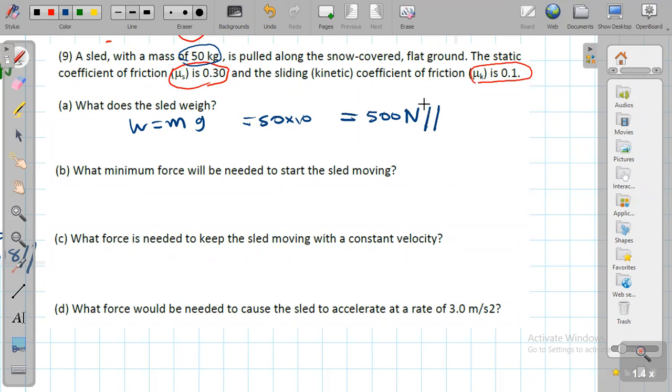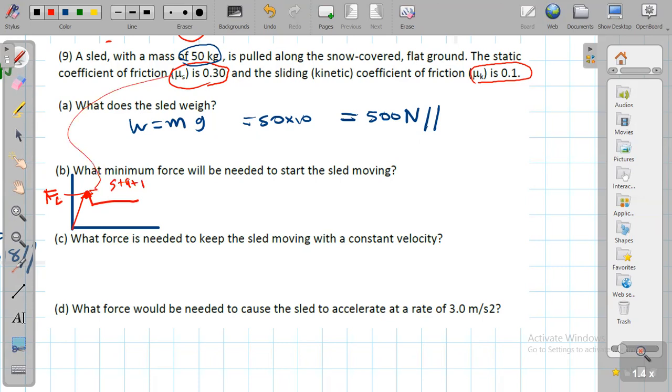What minimum force will be needed to start the sled moving? Talking about this graph again, I will draw it because I want you to understand this. The graph rises and then drops. The maximum point is the limiting friction, where the static friction is maximum.